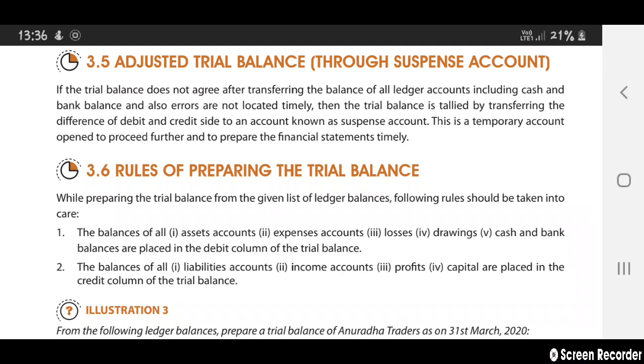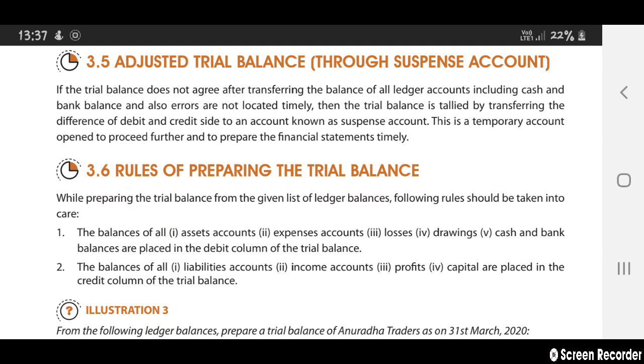Adjusted trial balance through suspense account. If the trial balance does not agree after transferring the balances of all ledger accounts, including cash and bank balance, and the errors are not located in time, then the trial balance is tallied by transferring the difference of the debit and credit side to an account known as the suspense account.